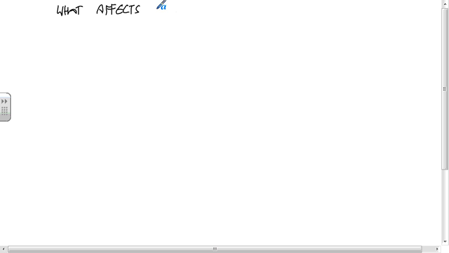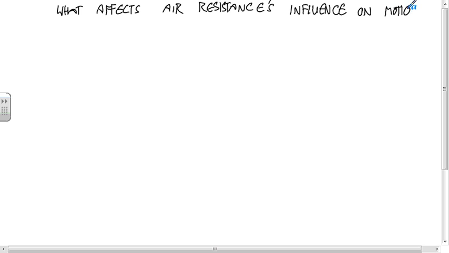So what affects air resistance's influence on motion? And there are three things.